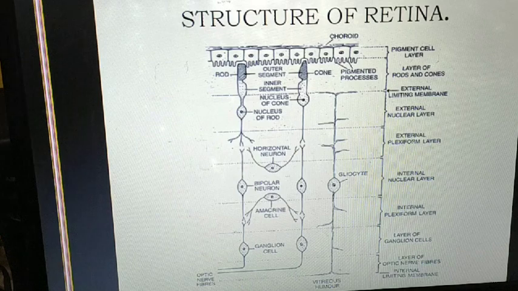The rods contain the photosensitive pigment known as rhodopsin, which is composed of opsin and retinene. The opsin is the protein part, also known as scotopsin, and the retinene is also known as retinal, an aldehyde of vitamin A. The rods mainly enable man to see in darkness.